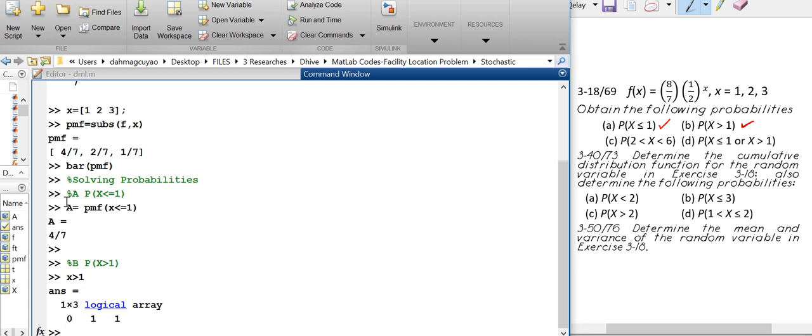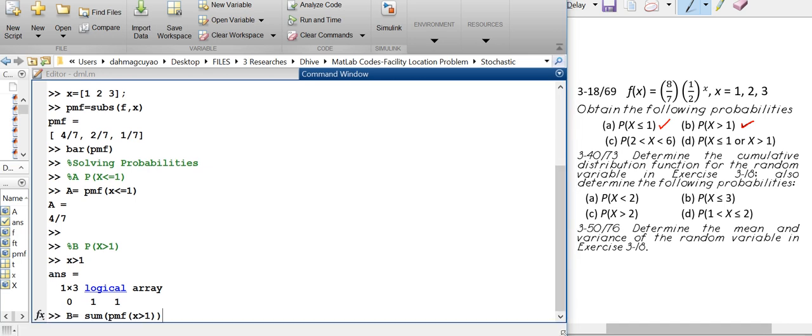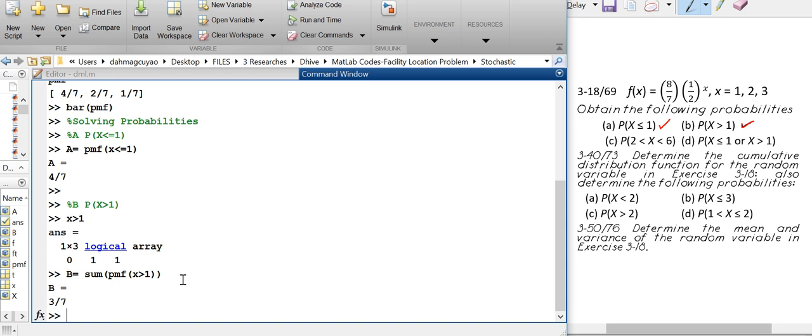What we are going to do to solve letter B is get the sum of all the probabilities of the PMF with x greater than 1. So 2 and 3 are greater than 1, so it should be 2 over 7 plus 1 over 7, that would be 3 over 7.